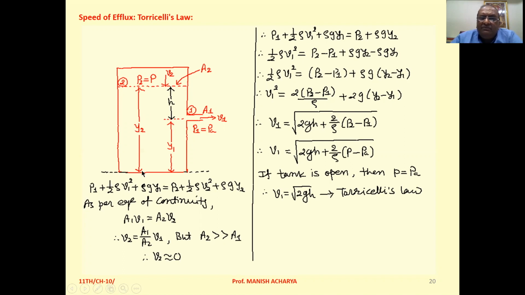Now suppose in this container we fill the liquid up to height y2. Suppose the cross section of this hole is A1 and the cross section of the container is A2.